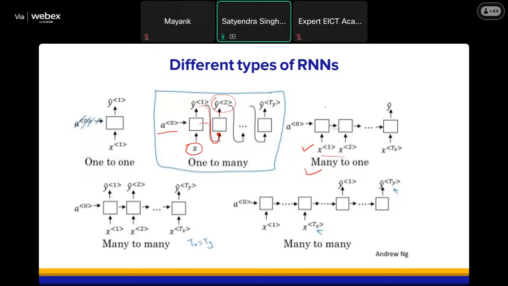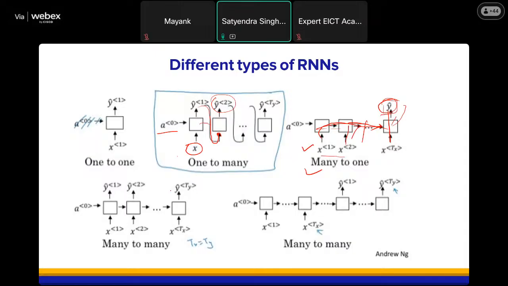You don't collect the output at intermediate layers. You take the output only at the last RNN unit. So you learn the context from the whole sequence, and towards the end of the sequence, you get the output. So the prediction is not only dependent on the last token, but on the context from all the previous tokens.